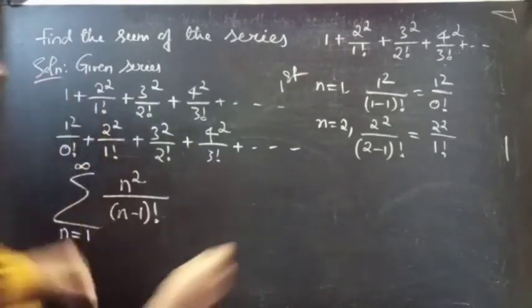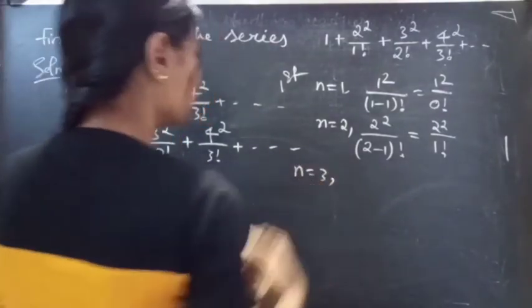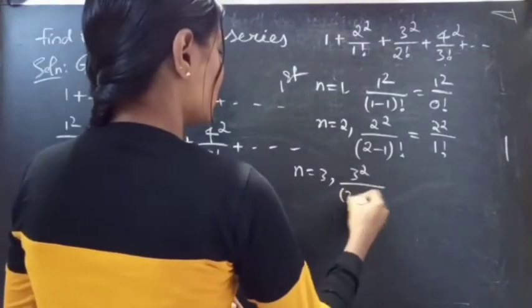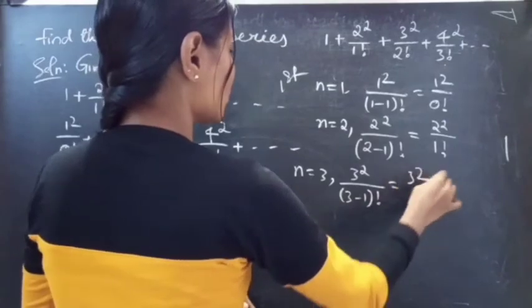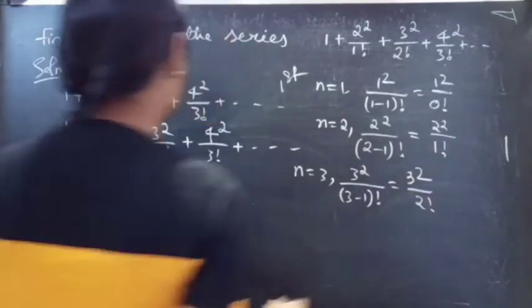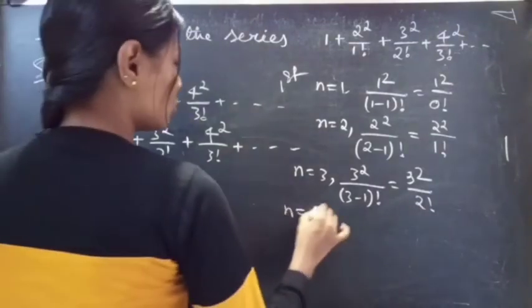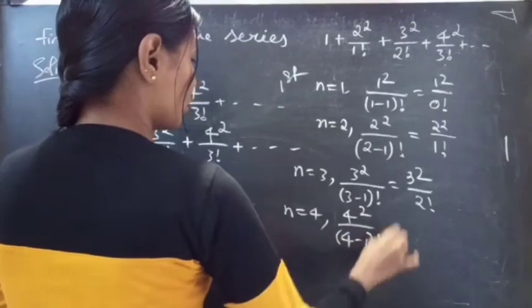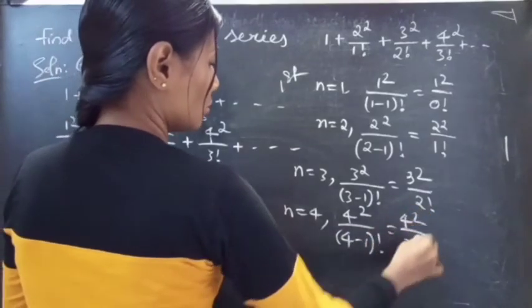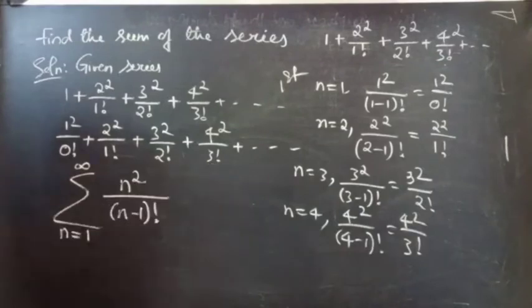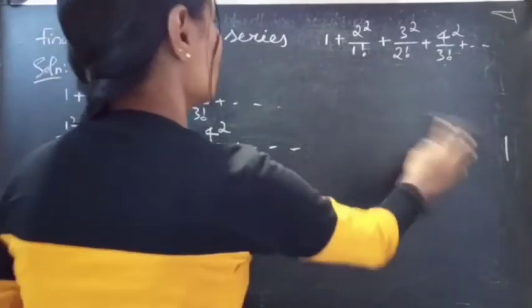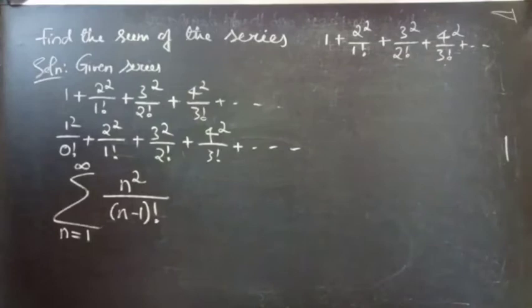We got the second term. Likewise, we check for 3 and 4. For n equals 3, 3 square by 3 minus 1 factorial, which is 3 square by 2 factorial, the third term. For n equals 4, we get the fourth term. So the summation term is correct.